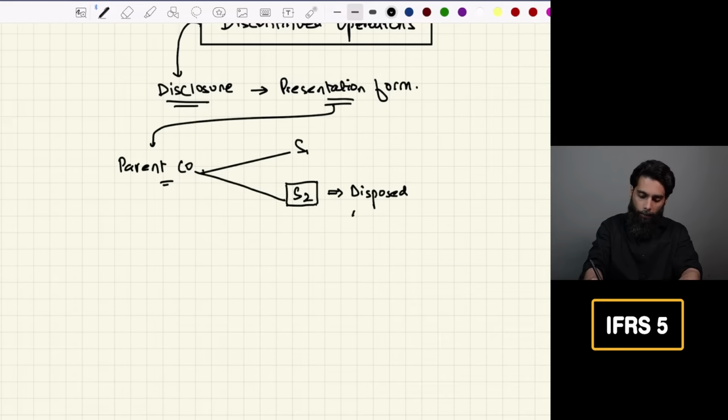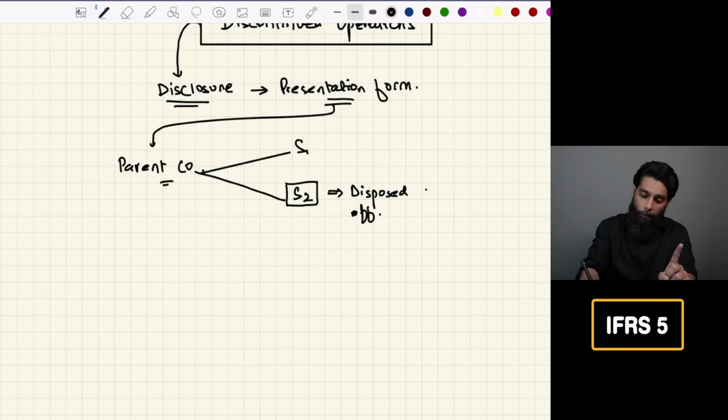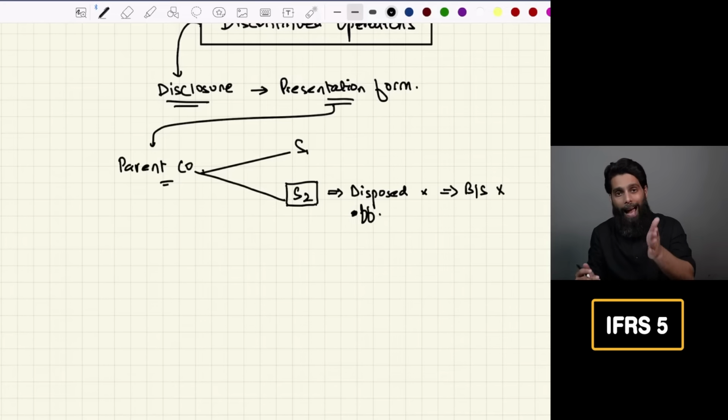of during the year. Now, remember when we studied the disposal of a subsidiary, we studied that once you dispose of your subsidiary, you will have to calculate profit or loss on disposal. Balance sheets will not be consolidated for this subsidiary, because as at the balance sheet date, there is no control.